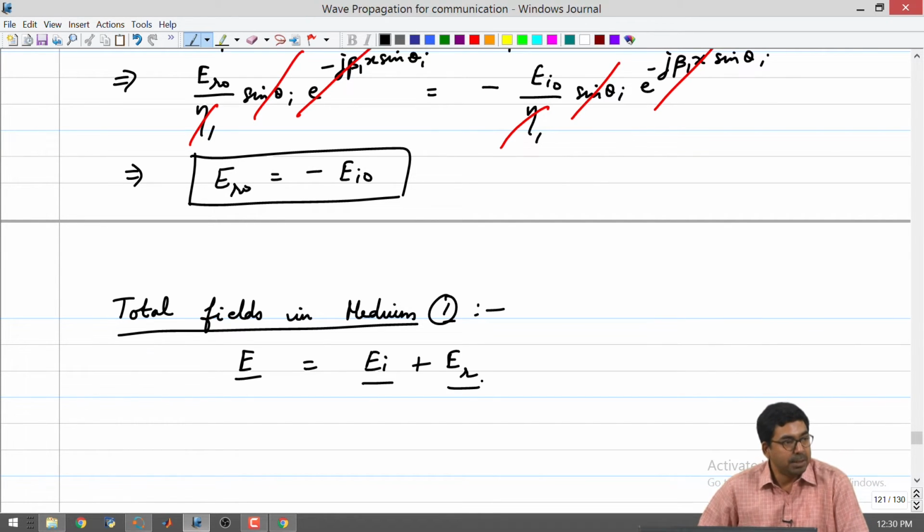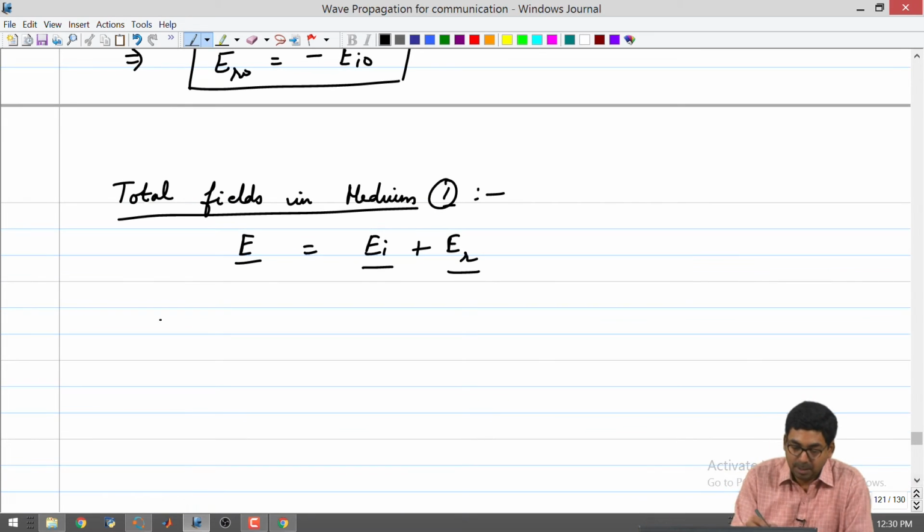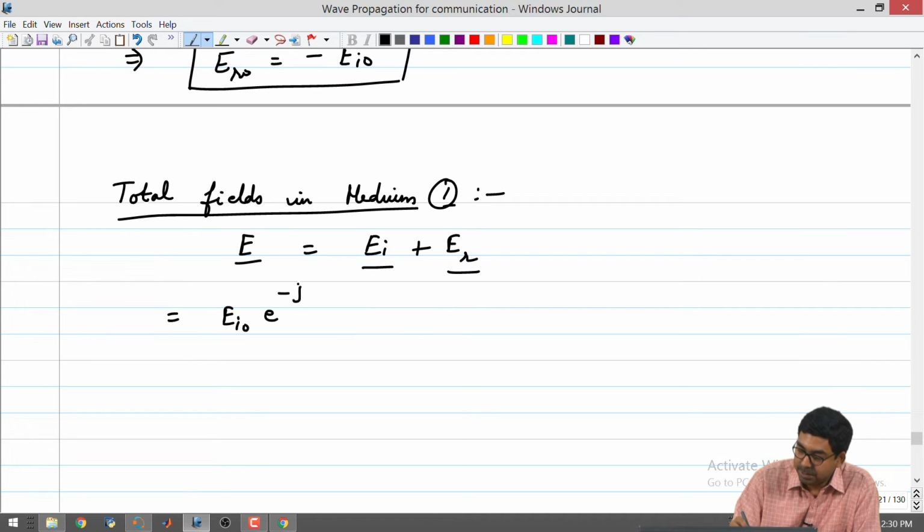All I have to do is take the expressions and add them up together. So, EI is EI naught e to the minus j beta 1 x sin theta I, times e to the minus j beta 1 z cos theta I.